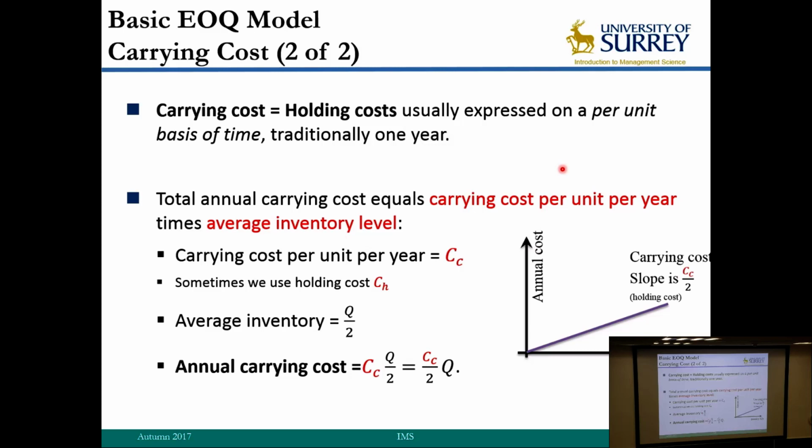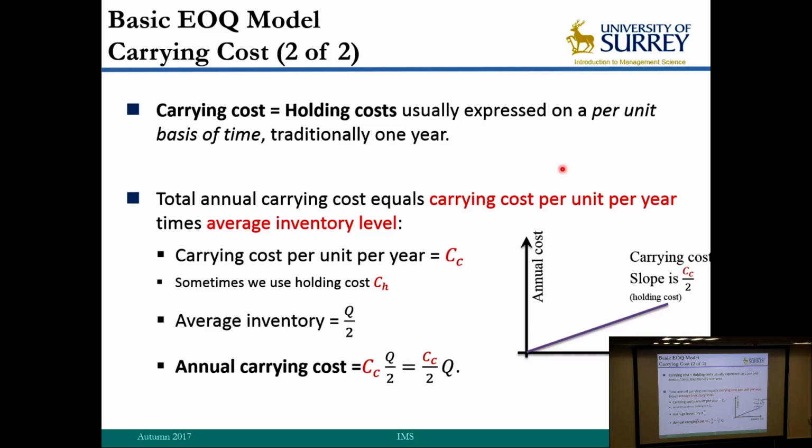We use the unit carrying cost times the average inventory level. That's the average annual carrying cost for the whole year.